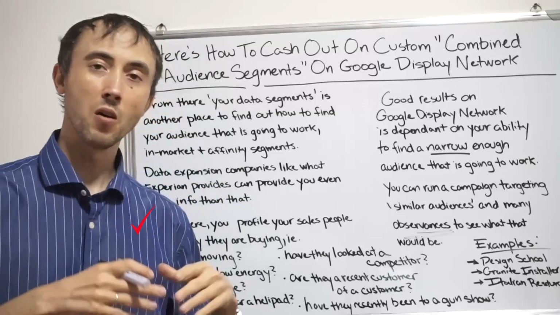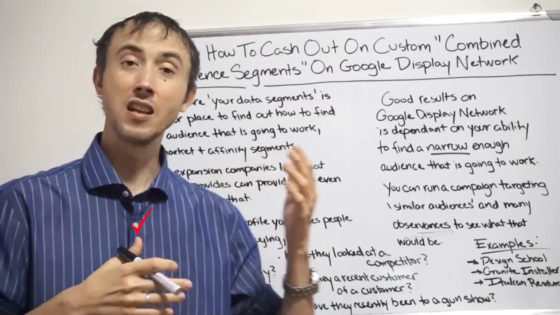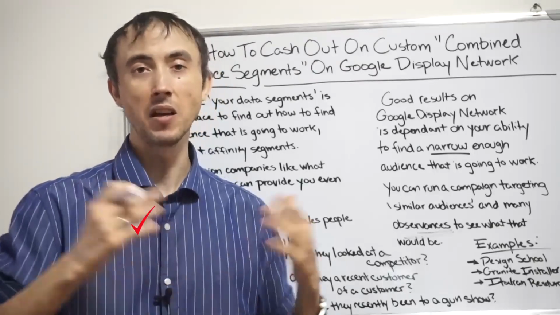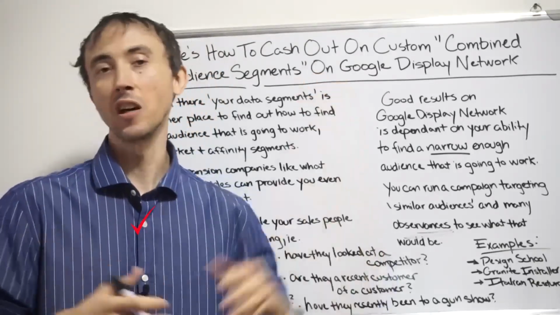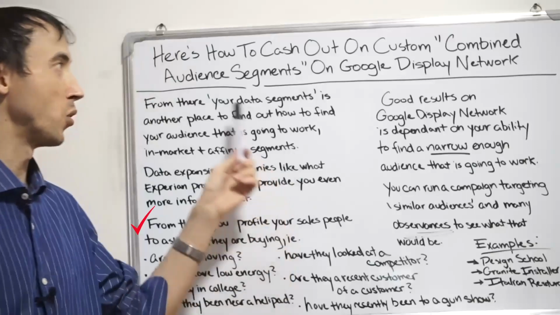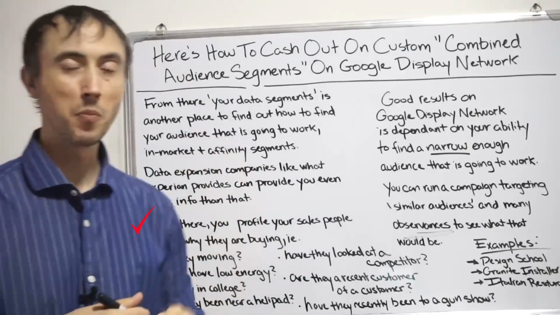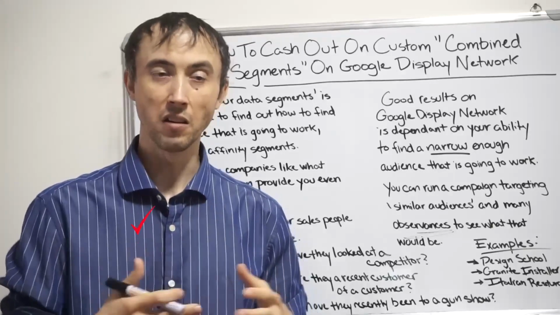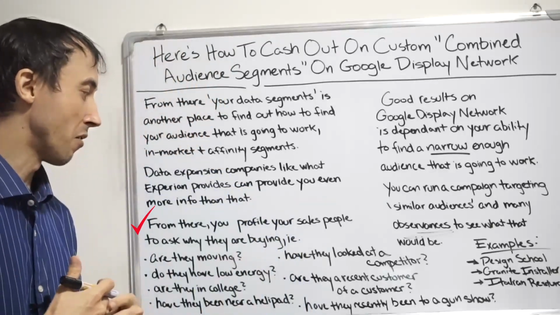And so what are places, in other words, that they're near or at geographically that would make them much more likely to be a customer, as a way to stack up your perfect custom audience segment that's going to work for your brand and for your display campaign that you're trying to run.